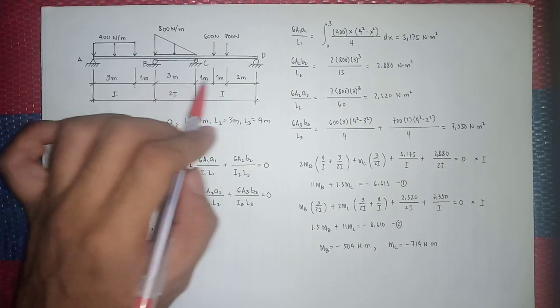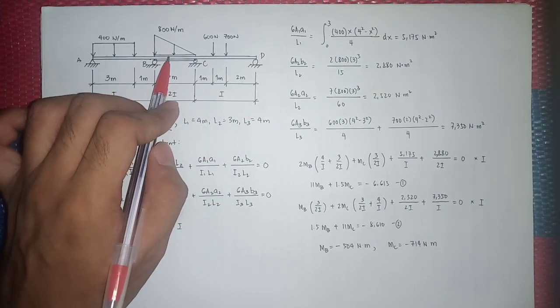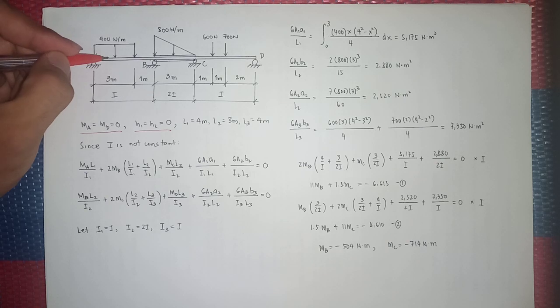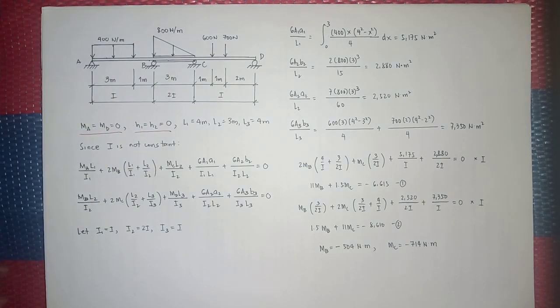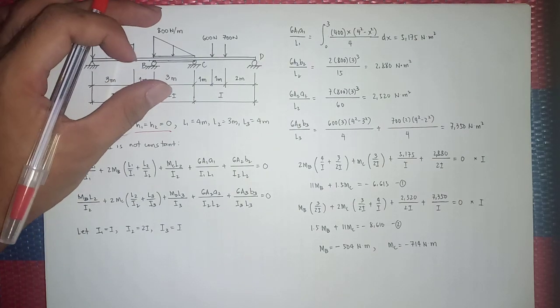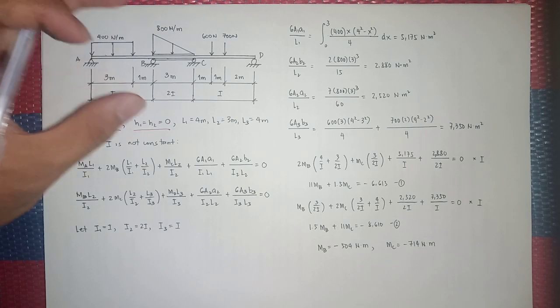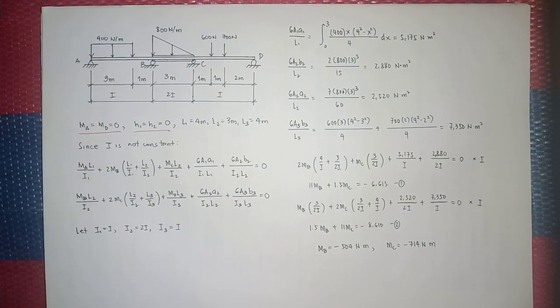Pero pag ginamit mo itong dalawang to, ito ay magiging left span, ito ay magiging right span. So, ang ibig sabihin nun, kukunin mo yung 3 moment factor nito na nasa kaliwa siya, kukunin mo yung 3 moment factor nito na nasa kanan, and this one, you will get the 3 moment factor na nasa kaliwa at nasa kanan. Okay?